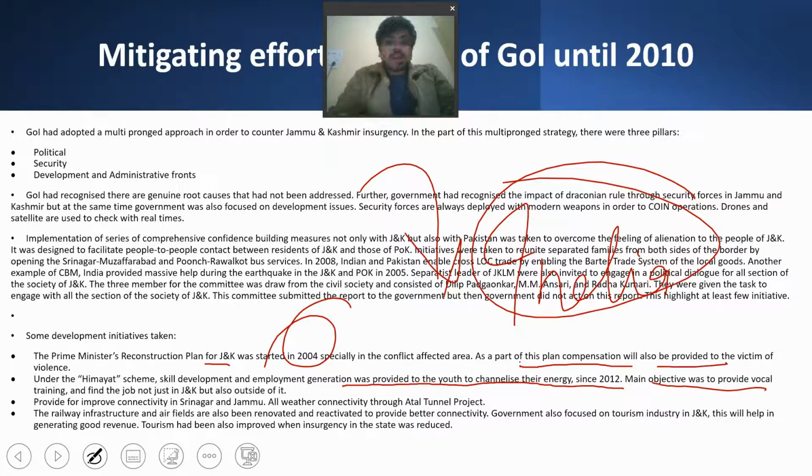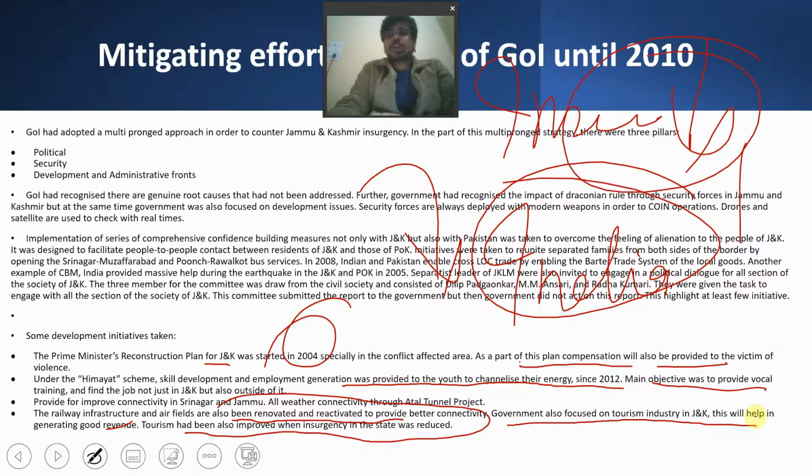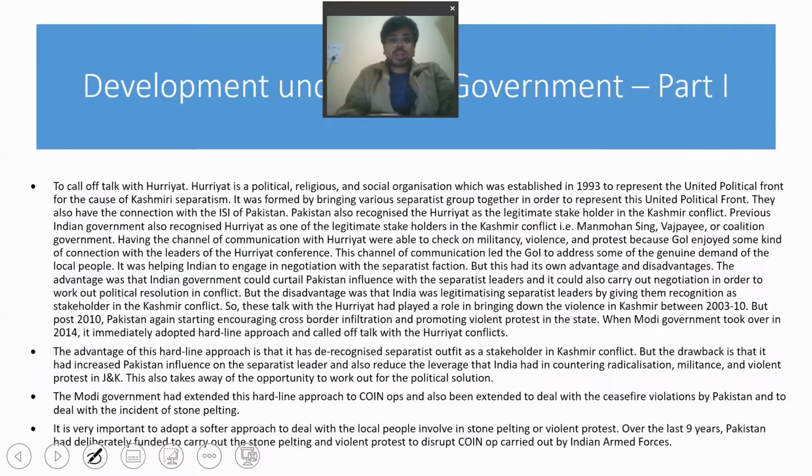Then for all weather connectivity to Srinagar and Jammu and Kashmir, there is the Atal Tunnel project that was completed recently in 2020, and the railway infrastructure and airfields were also renovated and reactivated to provide better connectivity. The government also focused on the tourism industry in Jammu and Kashmir. This will help in generating good revenue, and as insurgency has reduced, the tourism sector has also improved in the Jammu and Kashmir region.